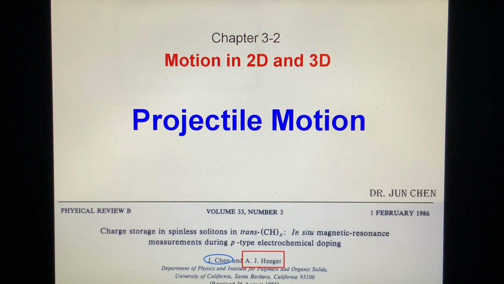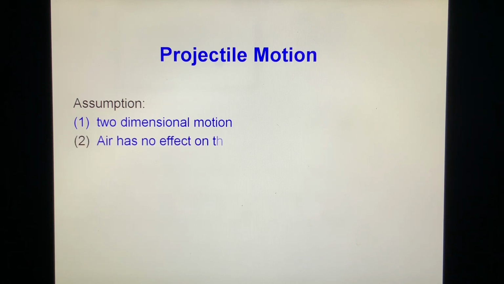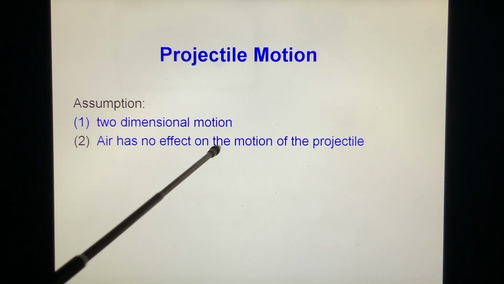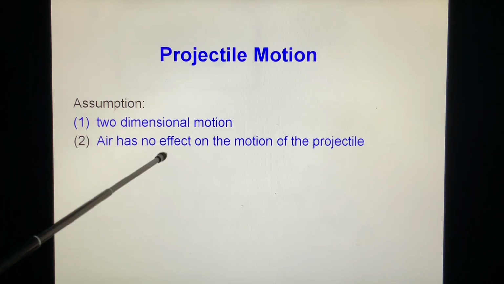Projectile motion. Assumptions: 1. Two-dimensional motion, not three-dimensional, in our discussion. 2. Air has no effect on the motion of the projectile. It's not true, but in this ideal situation we think air has no effect.